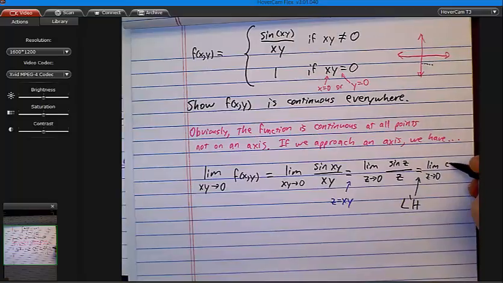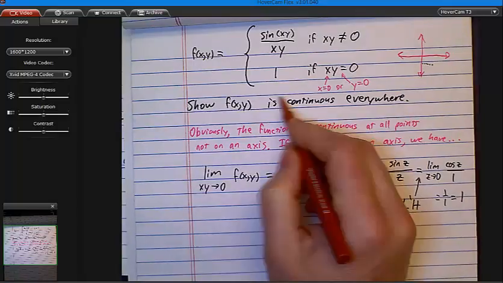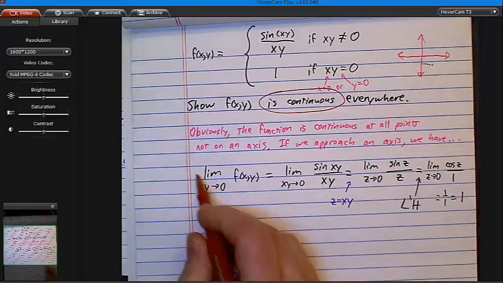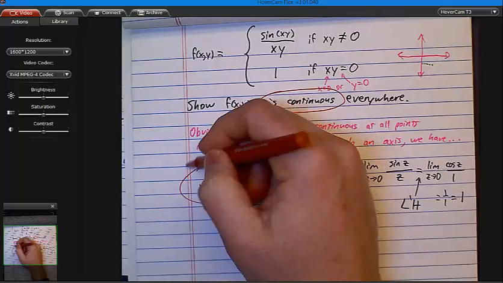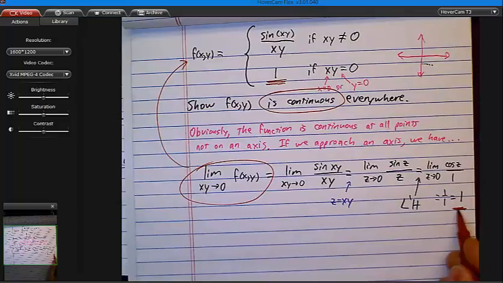It would be cosine of z over 1. And what's the cosine of 0? So we get 1 over 1, which is 1. And that's why, look, that shows this is continuous. Why is it continuous? Because the limit is equal to the function, right? That's what you need to have continuity.